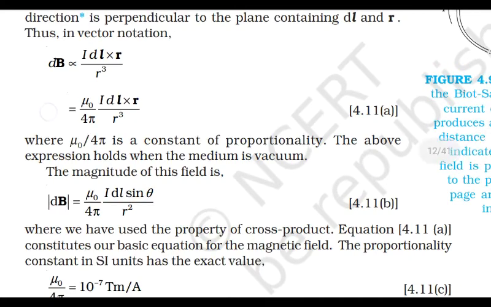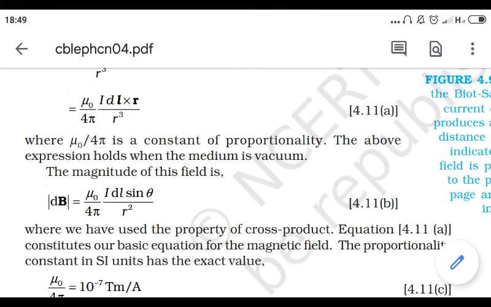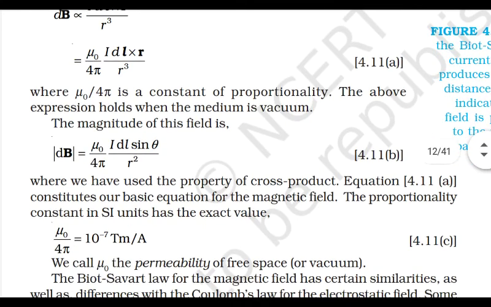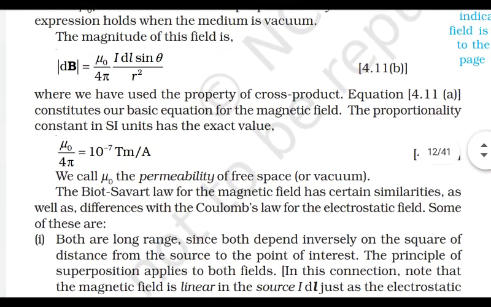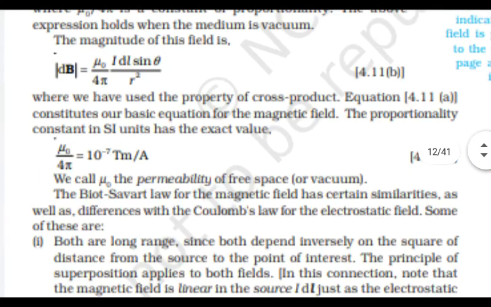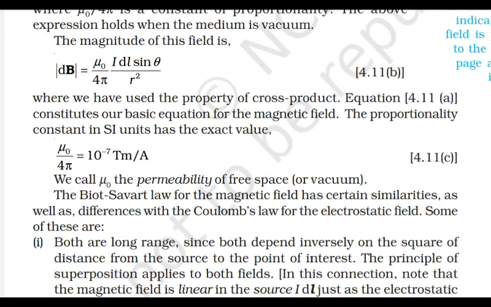Equation 4.11 is in vector form, and 4.10 is in non-vector form, where mu 0 upon 4 pi, as I said, is 10 to the power minus 7.